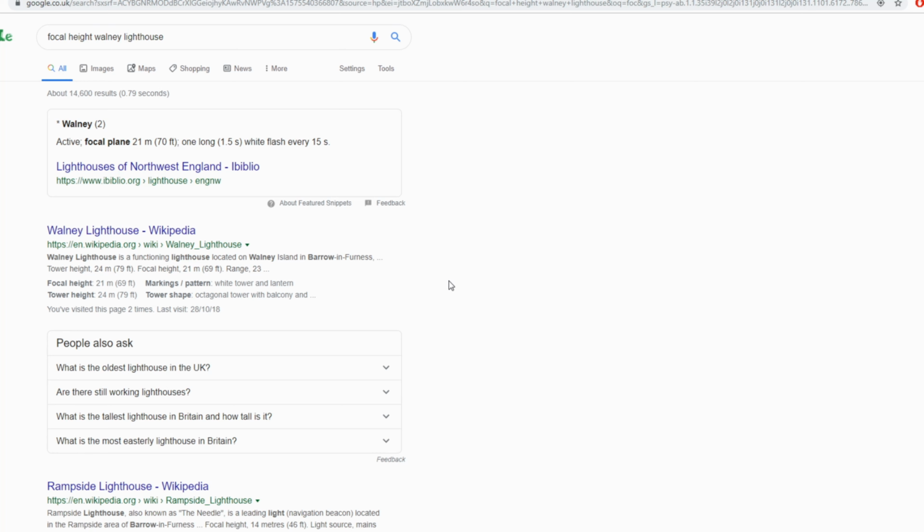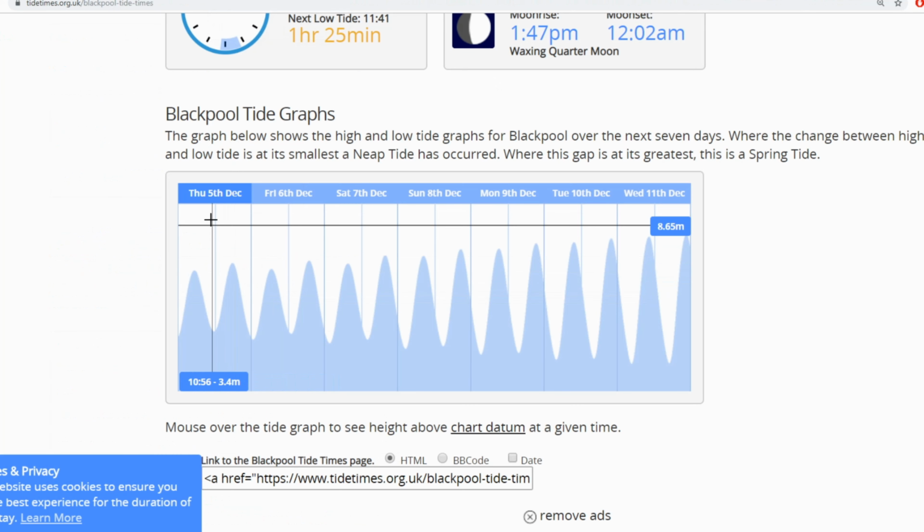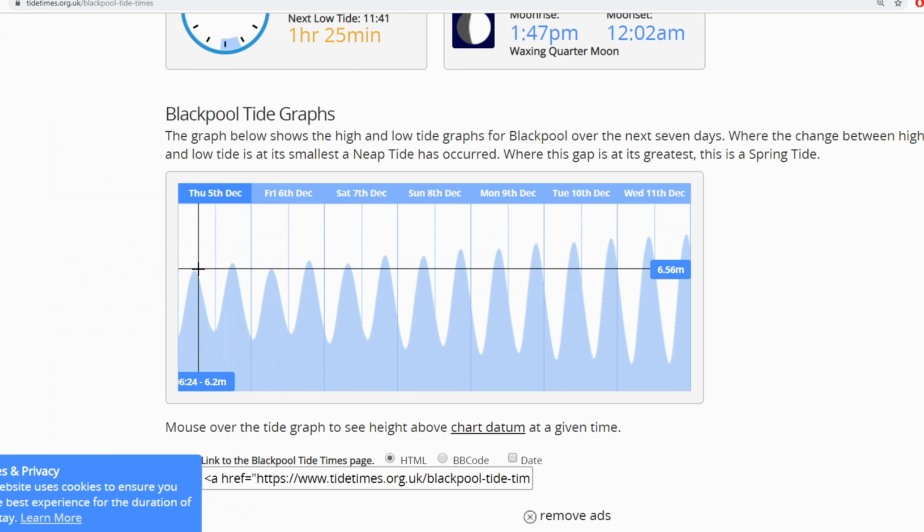So that's interesting to note, because today when I went down to do the filming, this is Thursday the 5th of December, and if we go to essentially 7 o'clock, 6:56, it's the nearest I can actually get to the time that I was filming, we get 5.89 meters, so that was the height of the tide.